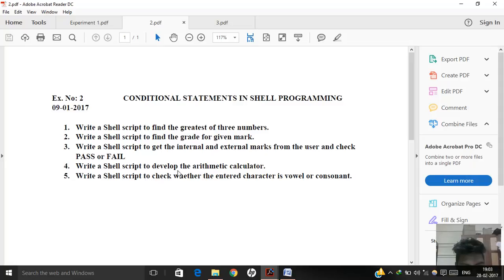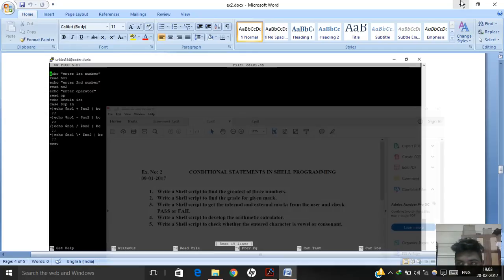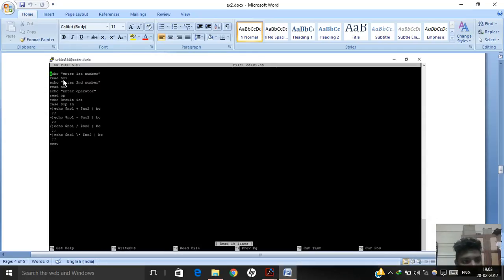Now we can go for the fourth one, which is about write a shell script to develop the arithmetic calculator. So echo enter the first number, then read as number 1, I'm storing it. Then for the second number, it is storing. Then it will ask for the operator, which will be stored into op. Then I have used the case, the switch case here. I have given plus, minus, divide and multiplication, and it will echo the result.